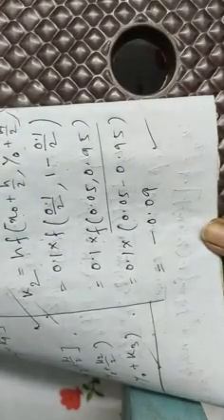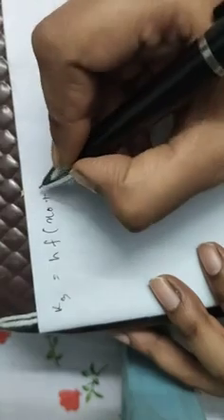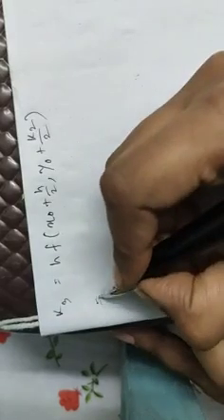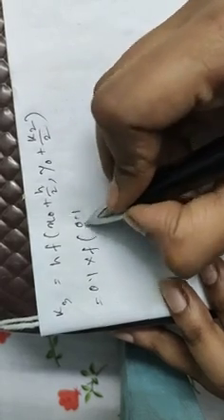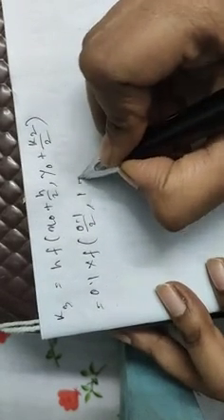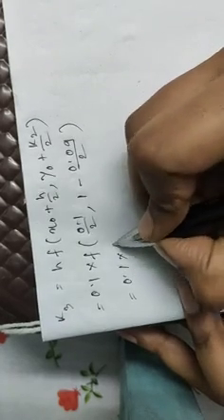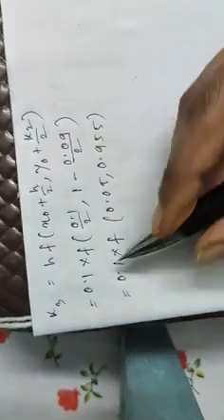This is our k2. Now moving to compute k3. The rule is h f of (x0 plus h by 2, y0 plus k2 by 2), that is 0.1 into f of (0.05, 1 minus 0.09 by 2, that is 0.955).